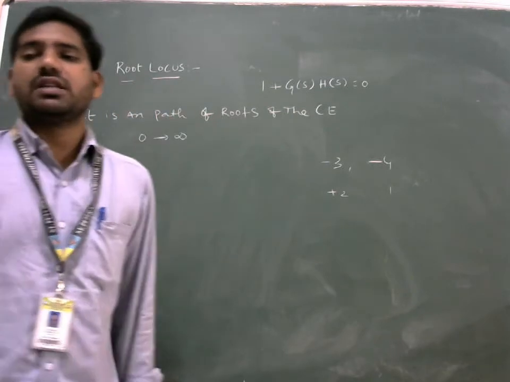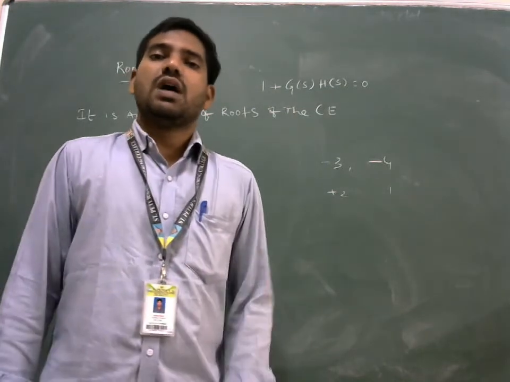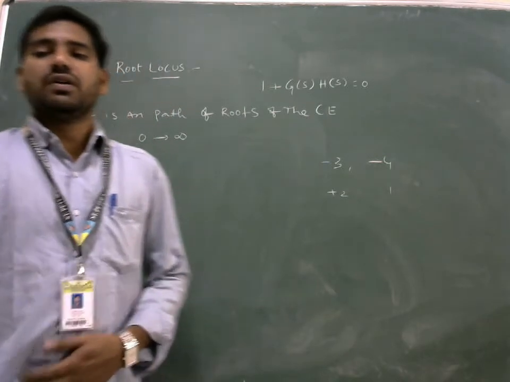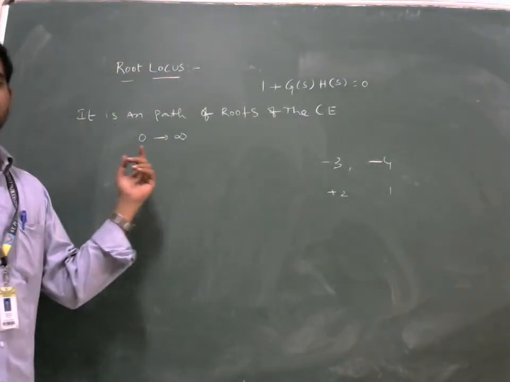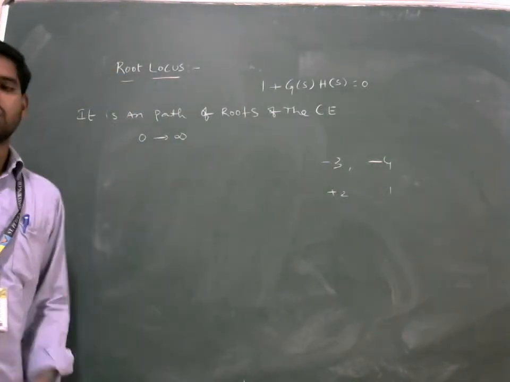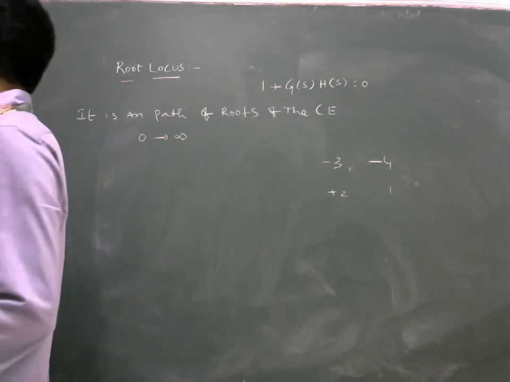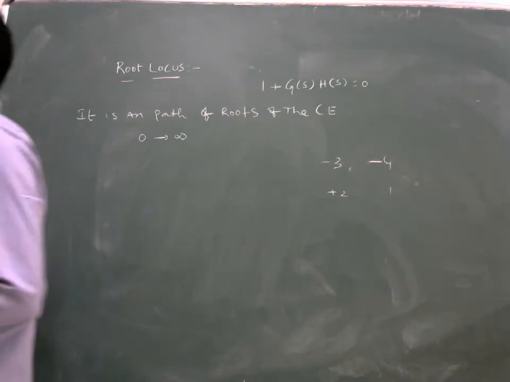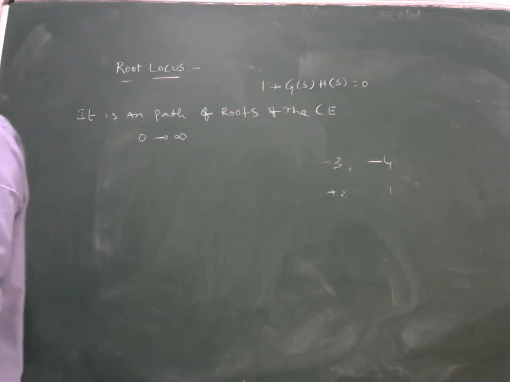Root locus is a path of the roots of the characteristic equation, where the roots travel from 0 to infinity. That is the basic definition of a root locus.